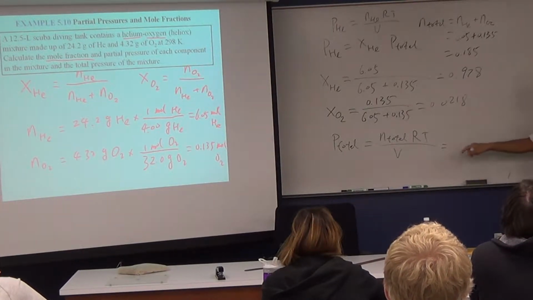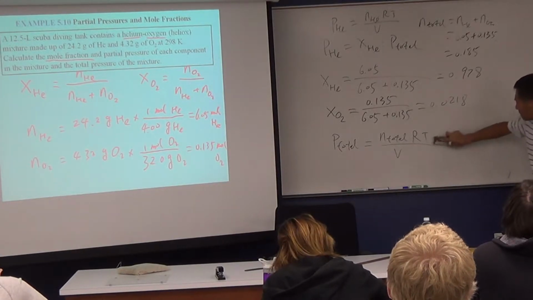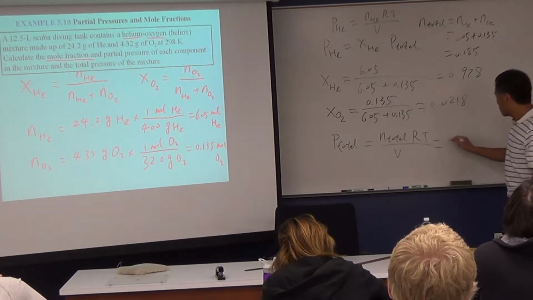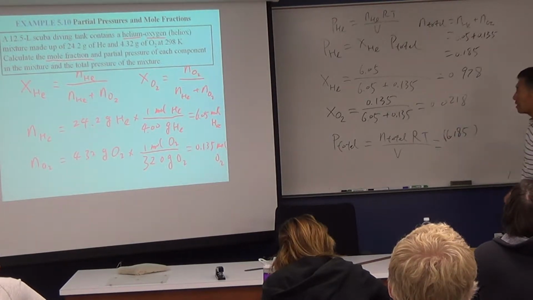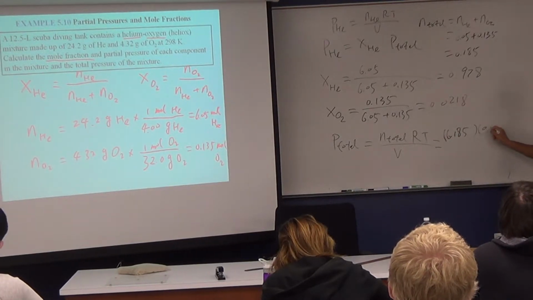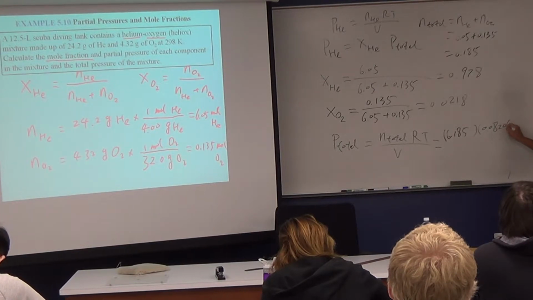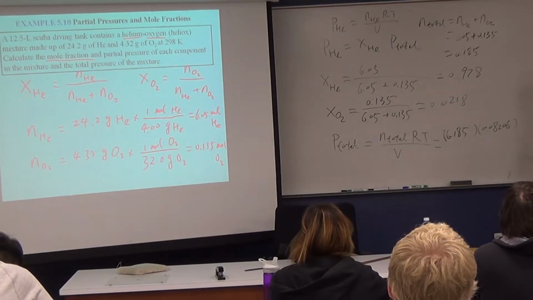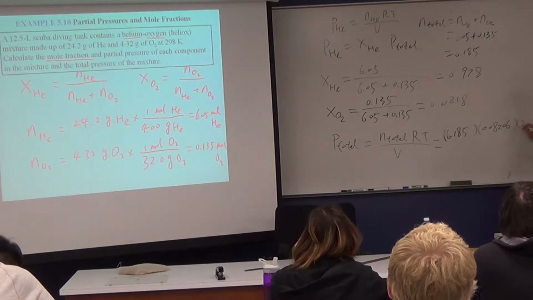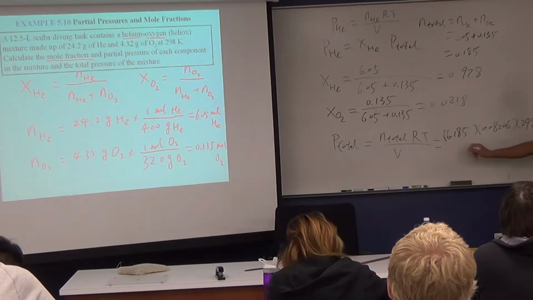Once you find the N total, you just apply it to the equation. So you have 6.185, and R, as I said before, you pretty much use this number a lot in the first few sections. And what is our temperature? Temperature in Kelvin, already in Kelvin, that's good, so 298.